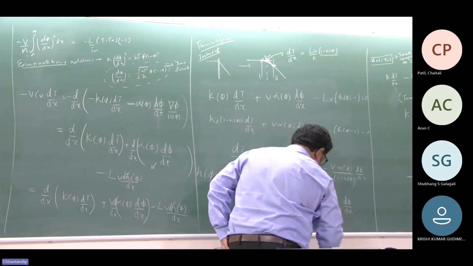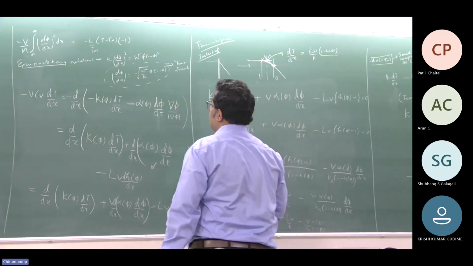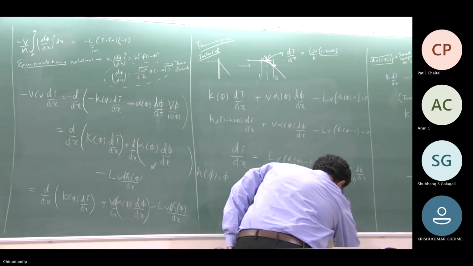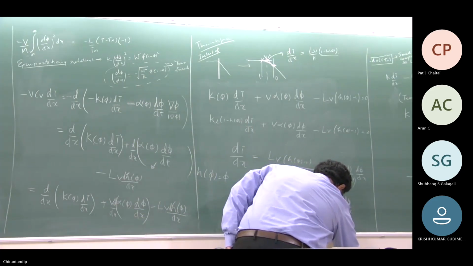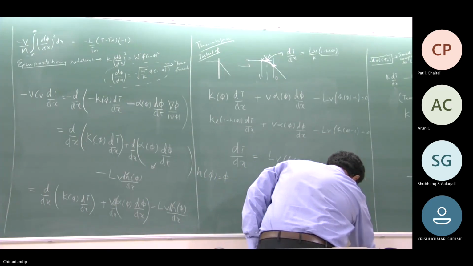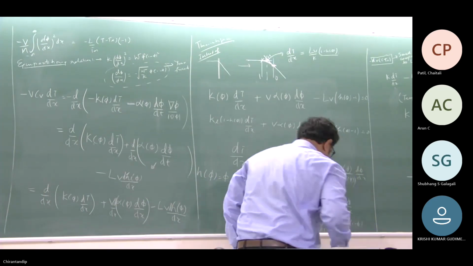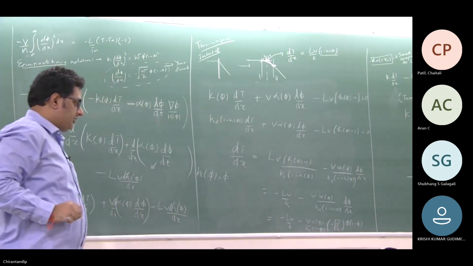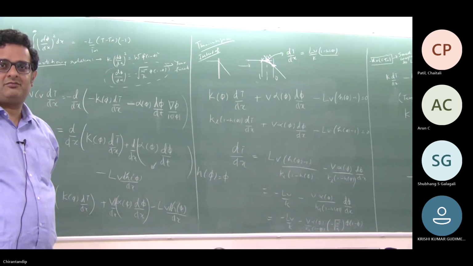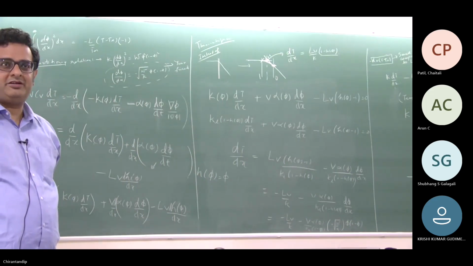H of p is p. dp by dx is... So what is alpha of p?